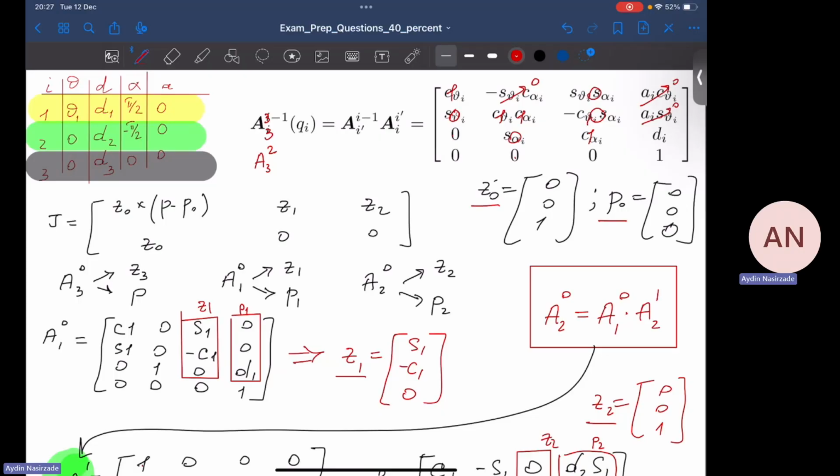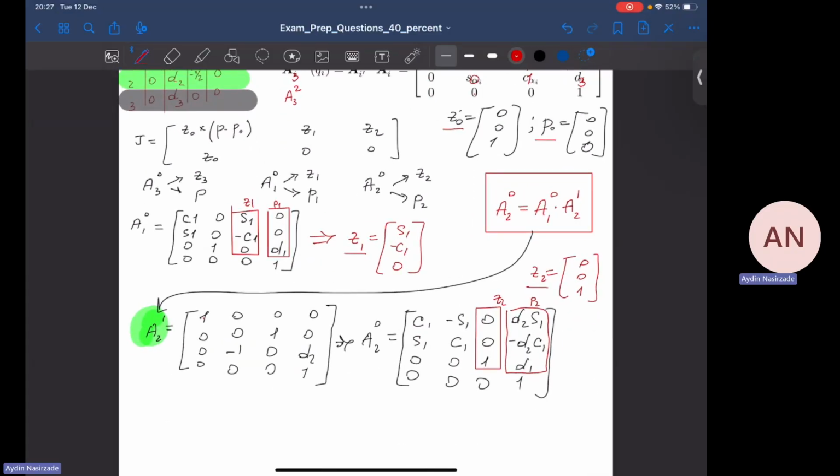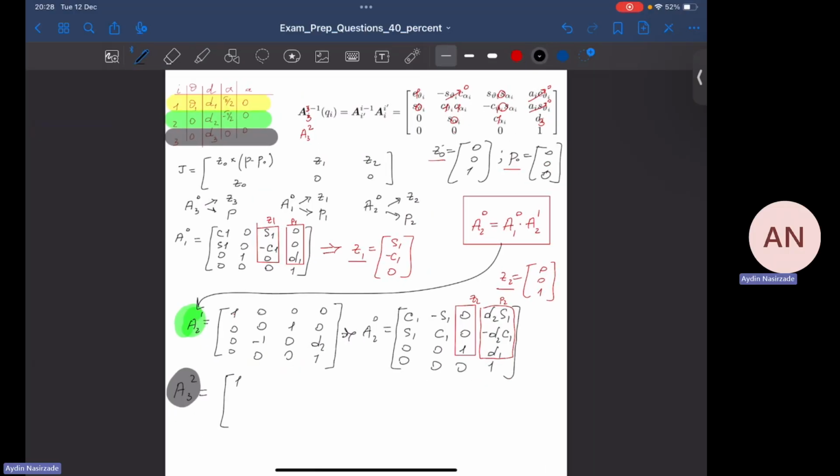D3 is what? D3, and 1 here. Okay, let's just copy this one. So A3 to 2 is going to be 1 0 0 0, 0 1 0 0, 0 0 1 0, 0 0 D3 1.